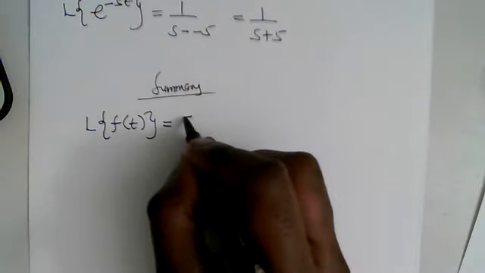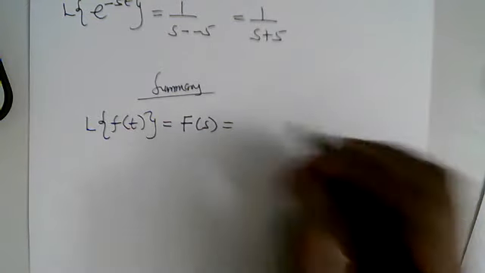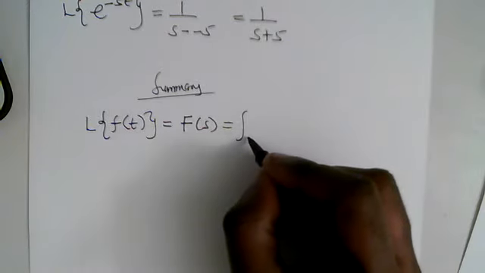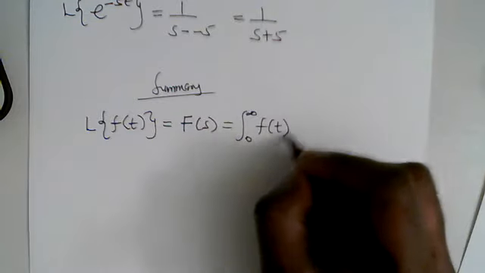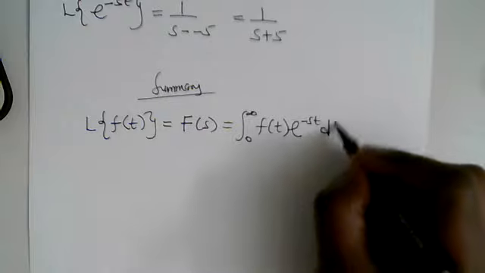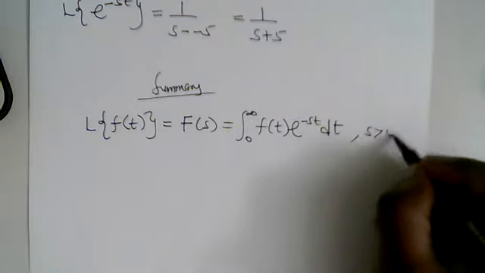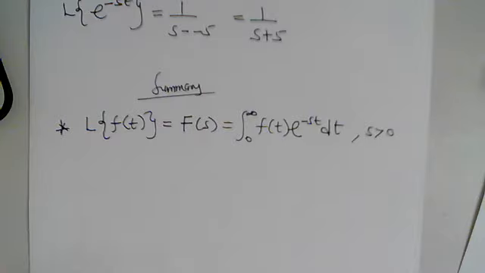You can also denote it by capital F of s. It's given by the integral running from 0 to infinity of f(t) e to the power minus st dt, where s is greater than 0. That's the first thing we learned today. So this is the take-home.